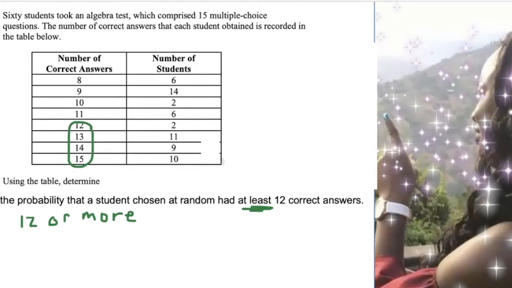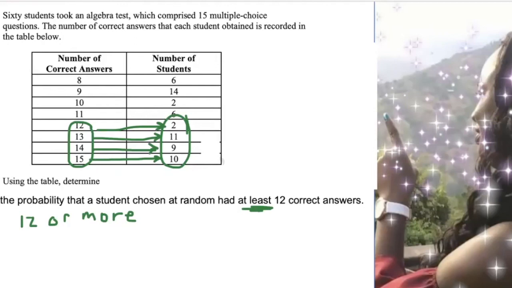So what we're going to do, we're going to add the frequency that we have here, because we have 2 persons scoring 12, we have 11 persons scoring 13, 9 persons scoring 14, and we have 10 persons scoring 15.